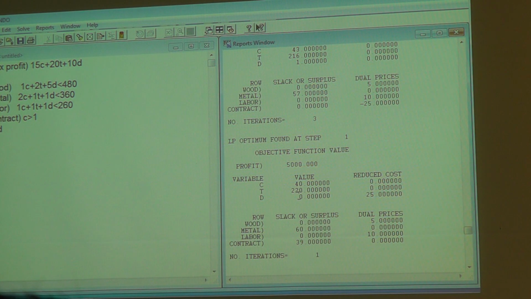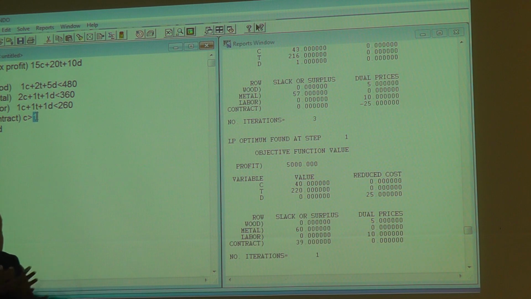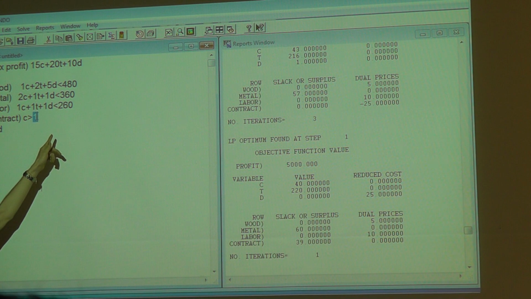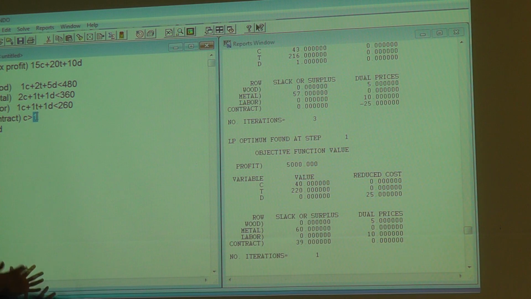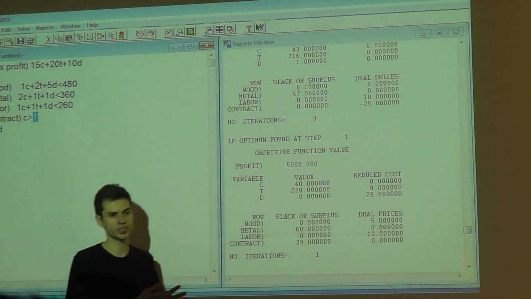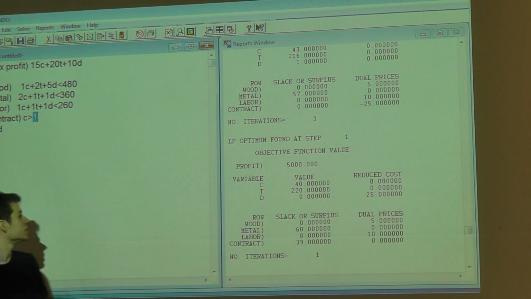Okay, yes. So of course, if you increase this number, this interpretation of reduced cost works only for small changes to the right hand sides. So if you change 480 by 1, then you would expect the profit to increase by 5. If you increase it by 100, you don't really know. Same here.